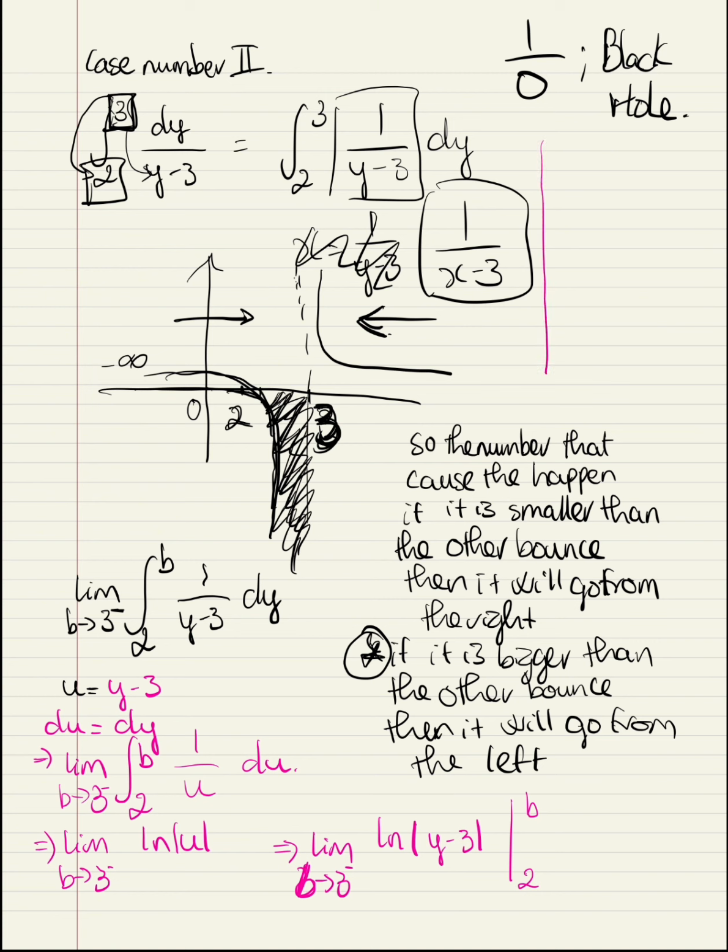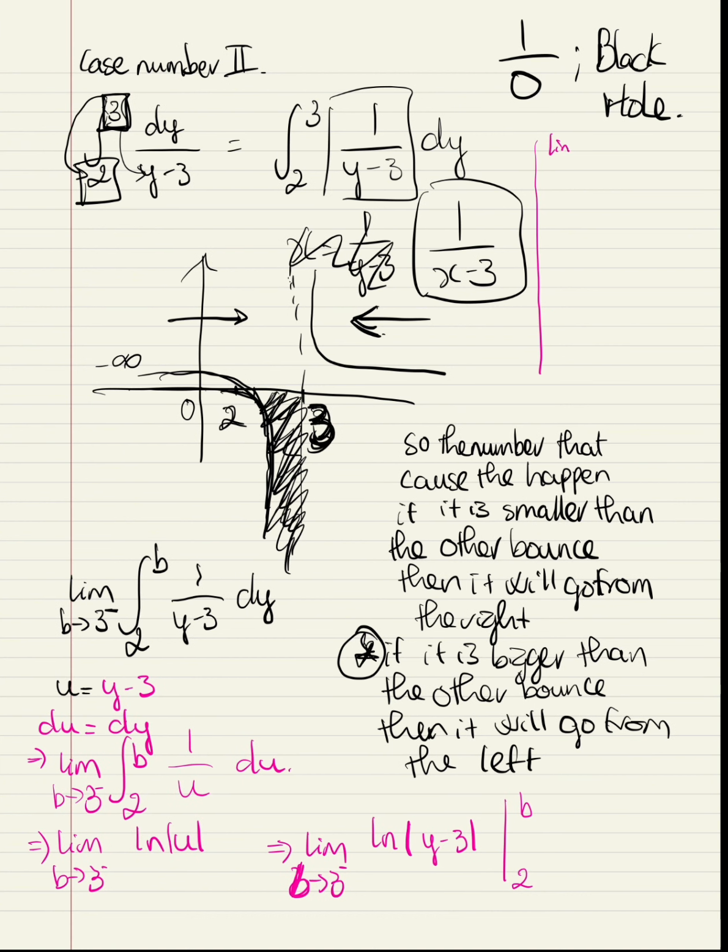I'm just going to write right here. So it is equal to the limit as b goes to 3 minus of ln of absolute b minus 3 minus ln of absolute minus 1.